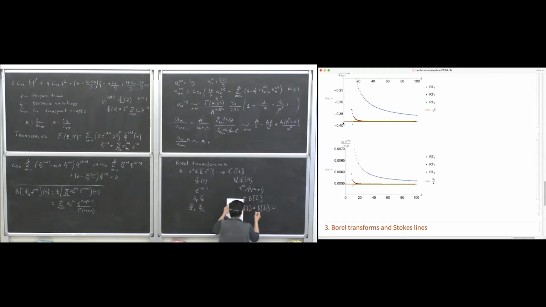What I mean by convolution is the usual integral from 0 to t of dt tilde, which gives you the convolution of the Borel transforms.